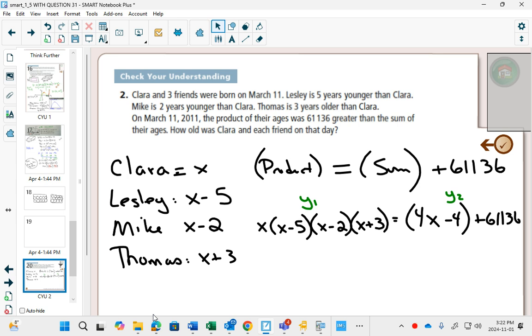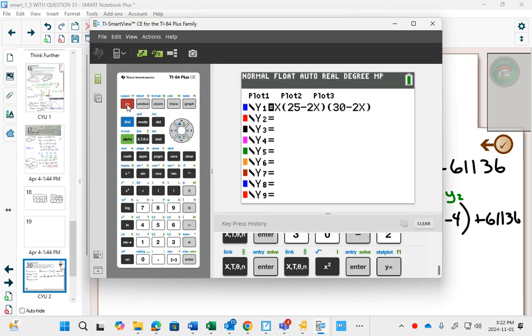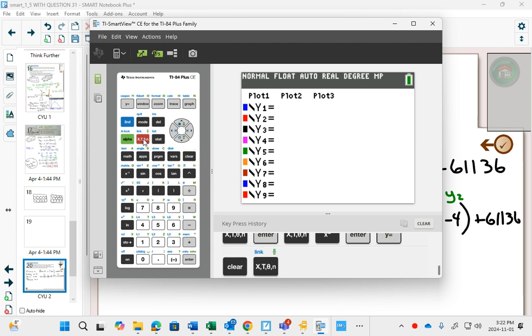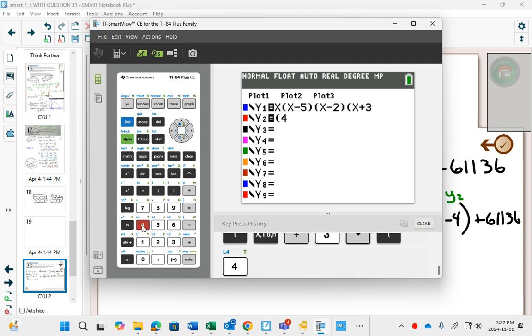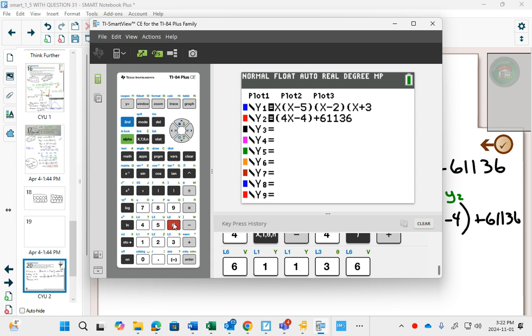So let's do that. x minus 5, x minus 2, x plus 3. And then I had 4x. I could combine the minus 4 and the 61,136 together, or I could just be lazy and let the calculator figure that out. Either would be fine.